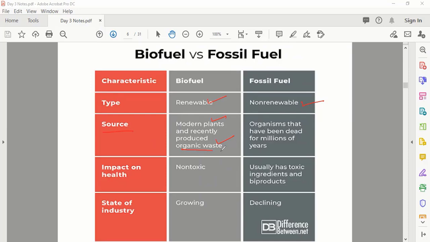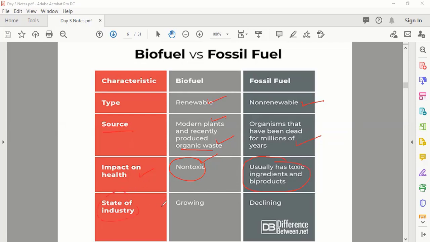Even the trash from your house is used to convert into biofuel. Fossil fuels are produced from organisms that died millions of years ago. Impact on health: biofuels, produced from plants and animals, are non-toxic and do not release harmful gases, but fossil fuels are toxic and cause a lot of pollution.